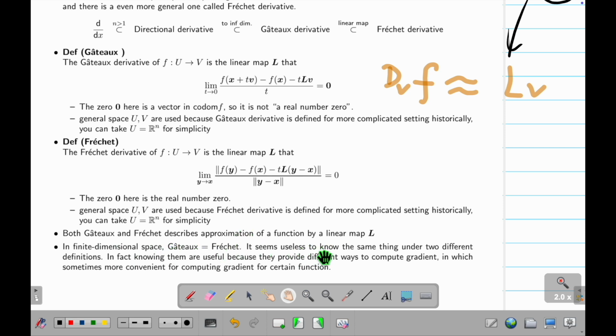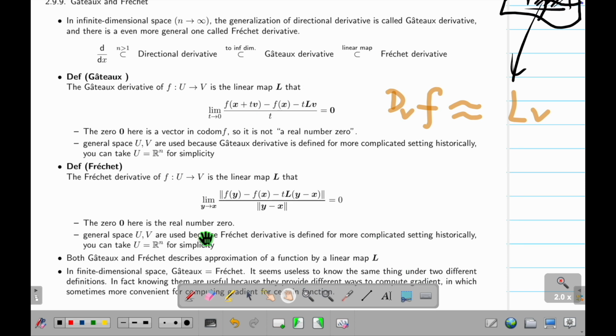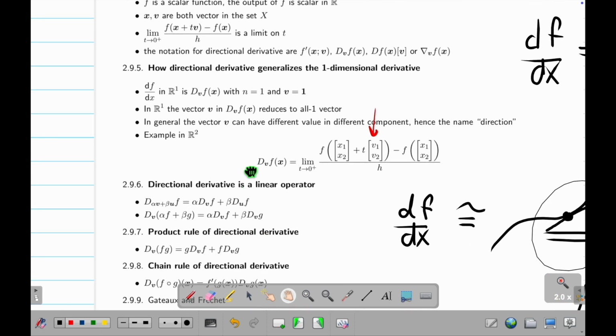Then you will ask, why do we need to know two different things for the same thing? Because it's useful. Useful for what? Useful for computing the gradient. So here is the fourth thing. If we talk about multi-dimensional vector calculus, we have 4 things. The first one is to compute this. This is the most stupid way, don't do this. The second one is to use the directional derivative, which is do this.